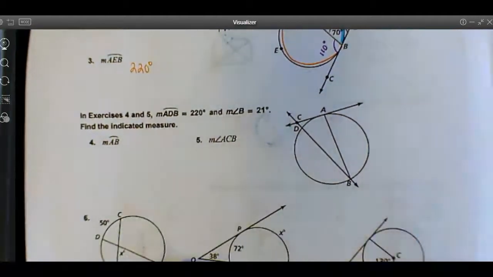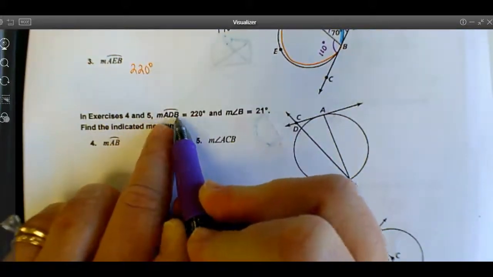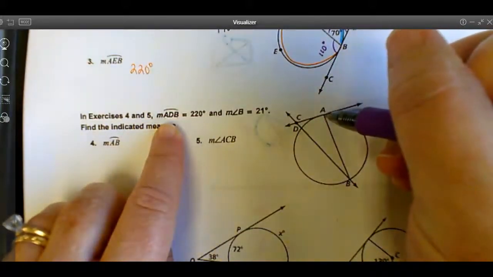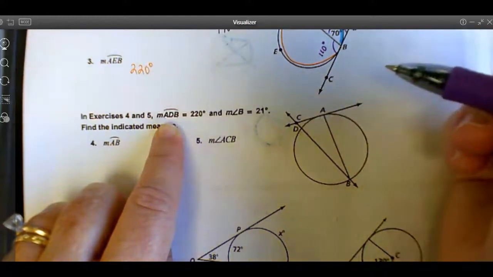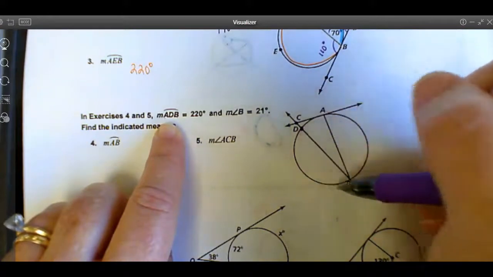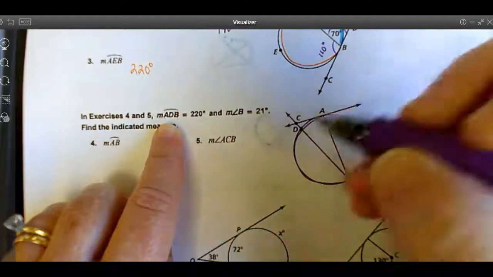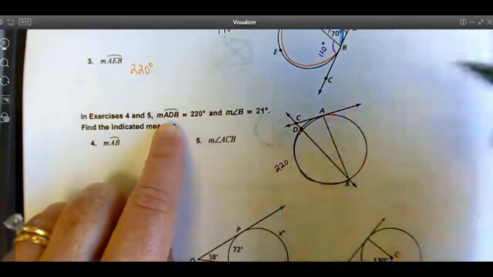Okay, let's look at this one. Let's first of all figure out what they gave me. ADB. I think D is supposed to be right there. So ADB, if I go this whole entire thing, that's 220.